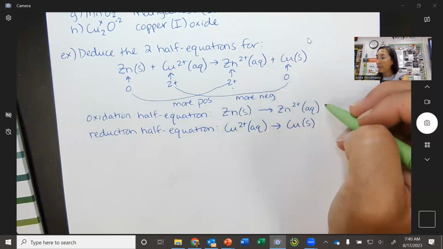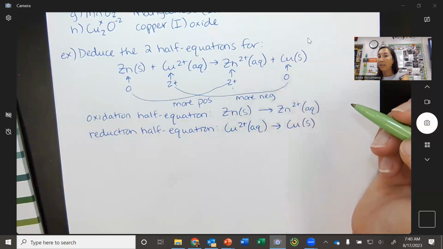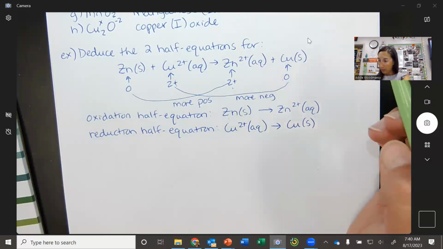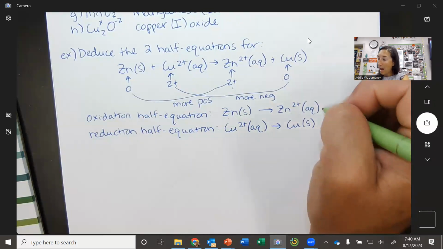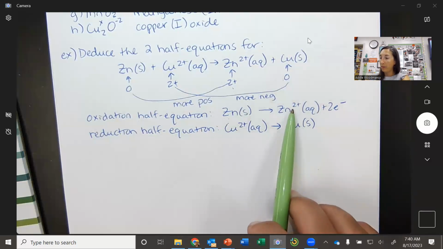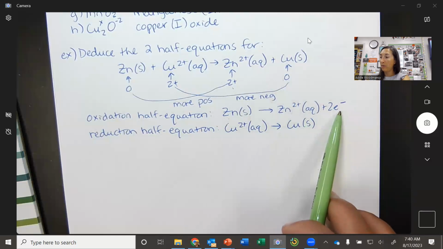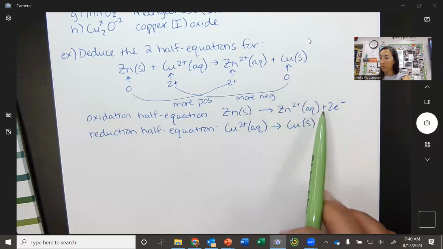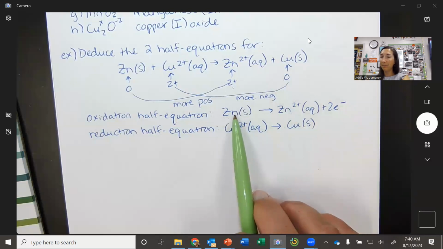So to balance it, I need to add negative electrons to the side that's more positive. So if I add 2 electrons over here, I now have 2 positives from zinc, 2 negatives from the electrons to give me a total charge of 0, like my zinc over here.